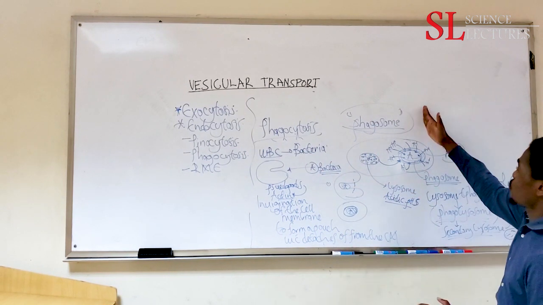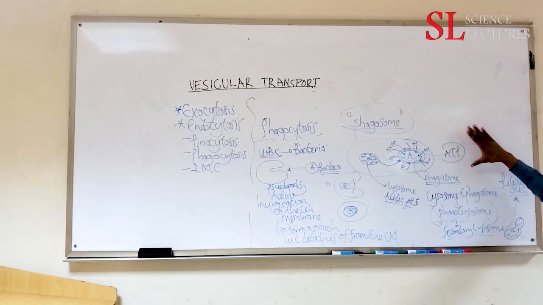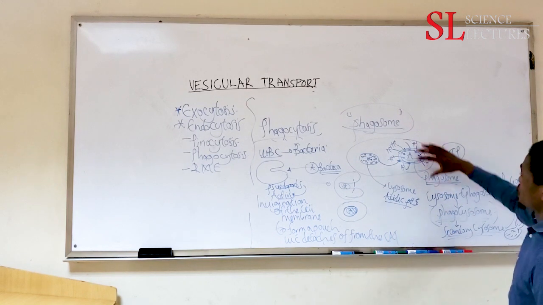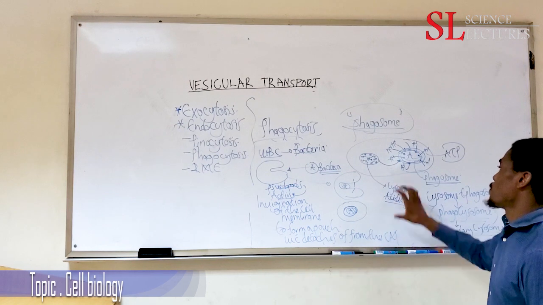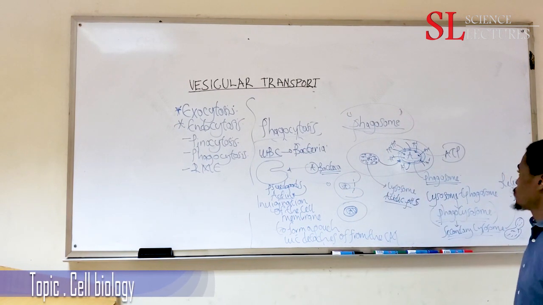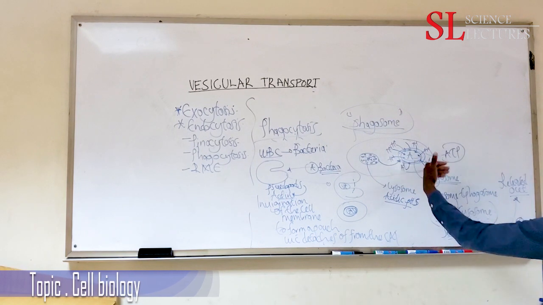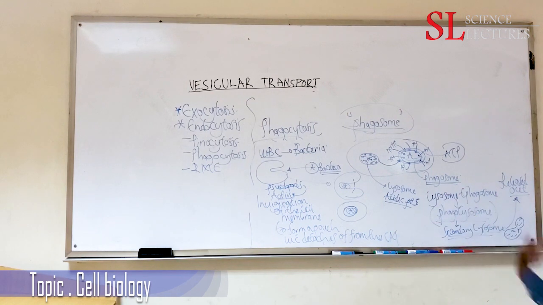So when we have our phagosome formed inside there, protons will be pumped into the phagosome in presence of energy in form of ATP. The protons provide an acidic pH for effective working of the hydrolytic enzymes in the lysosomes. Now we'll have combination of the phagosome and the lysosome to form the phagolysosome.